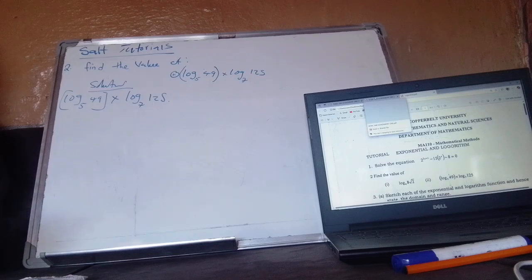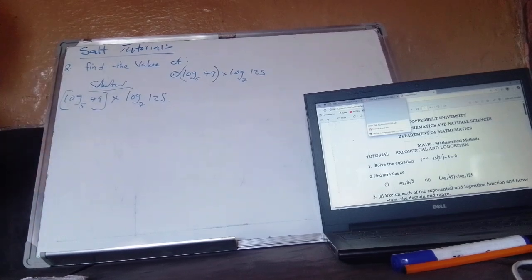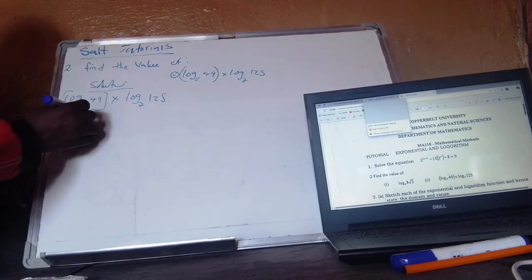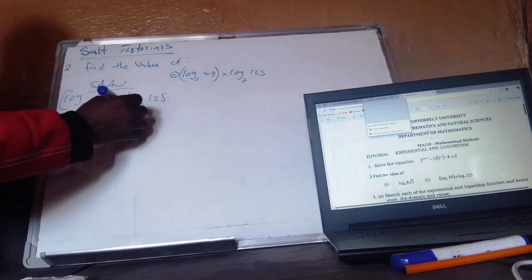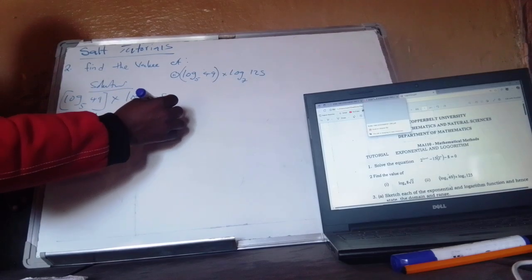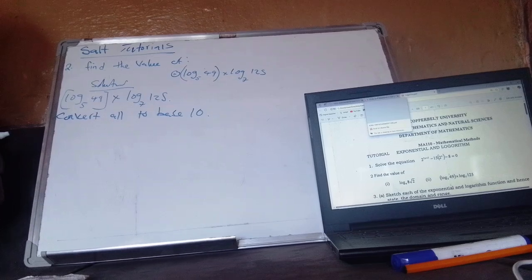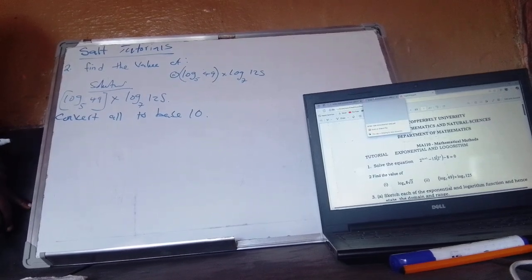And if you have a keen eye, you will see that the easiest here is to convert everything to base 10. That's the easiest. So what are we simply saying with this conversion property? Look at the previous video, where we talked about converting from one log to another.